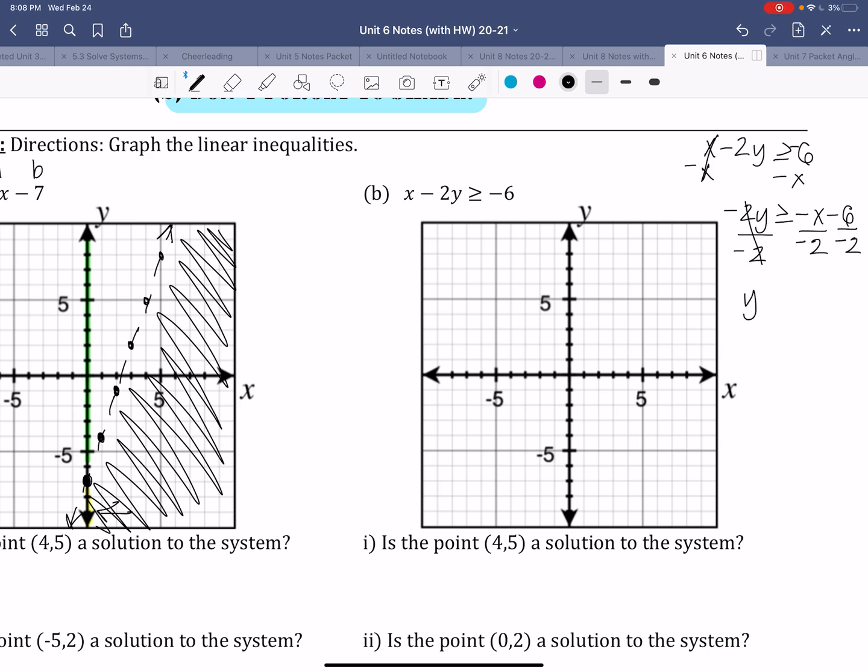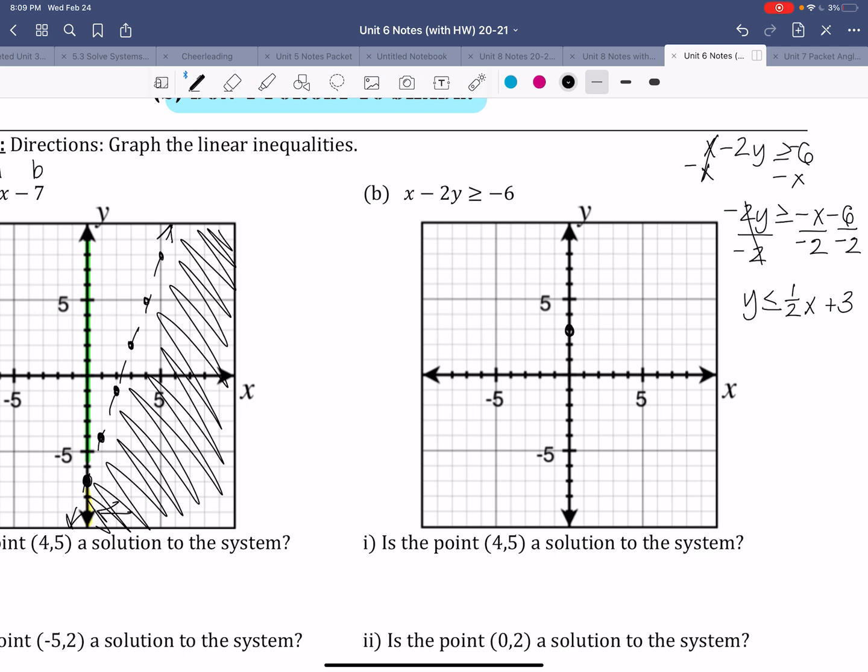So I have y, I divided by negative numbers, so I need to flip that sign, is less than or equal to 1/2 x plus 3. Okay, negative 1 over negative 2 reduces to a positive 1/2. Negative 6 divided by negative 2 is positive 3.